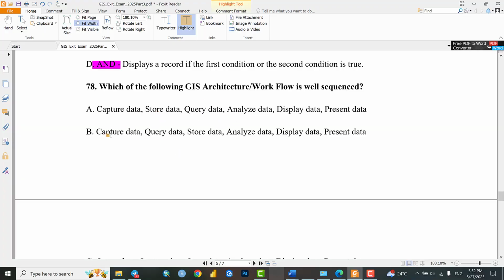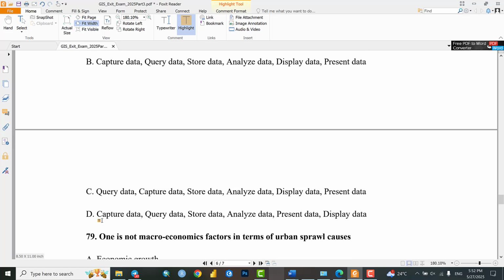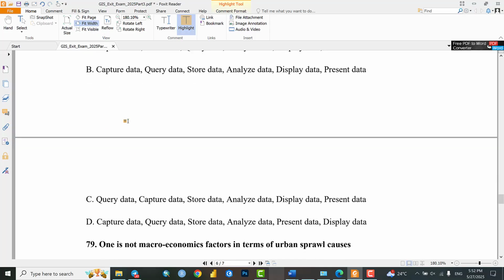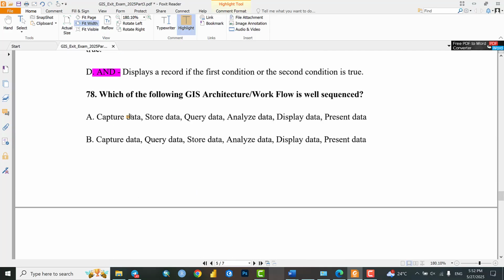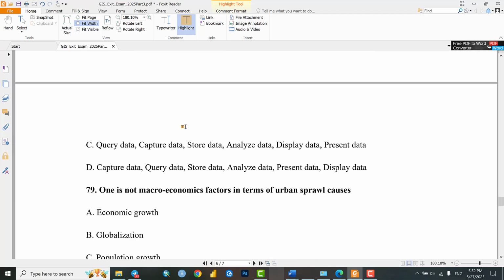Okay, good. Capture data, query data, wrong. So from A and D, the alternative is capture data, store data, query data, analyze data, display data, present data. Okay, great. This is the correct answer in the GIS analysis framework.